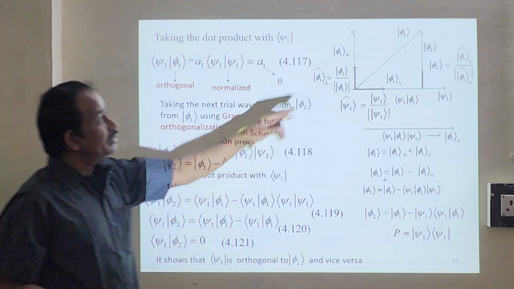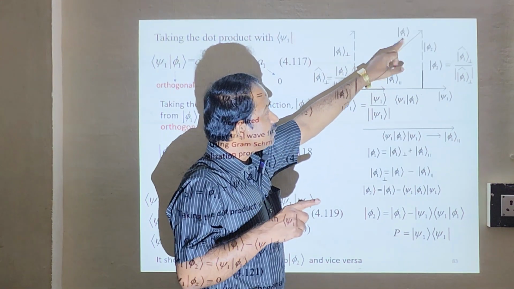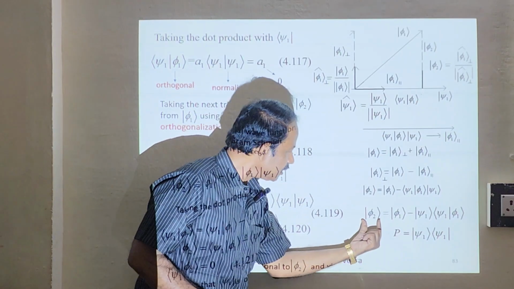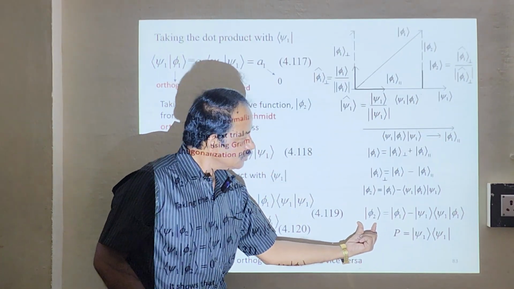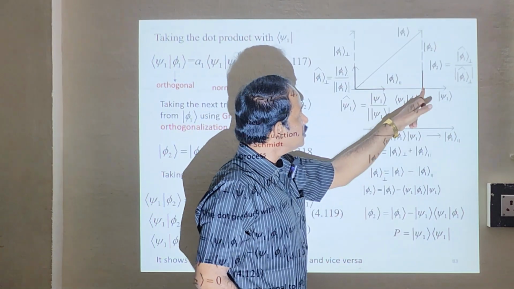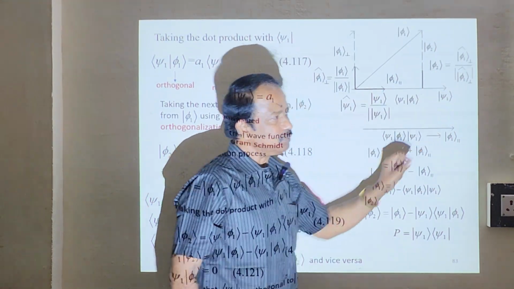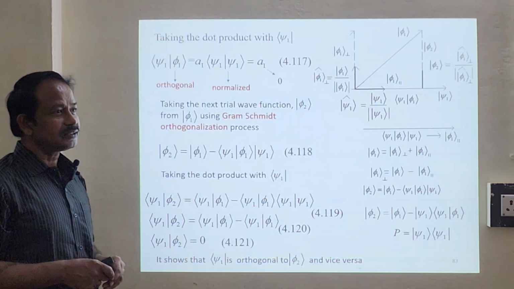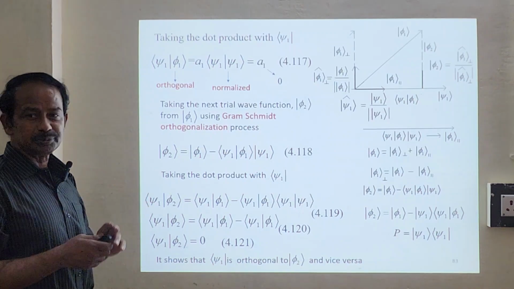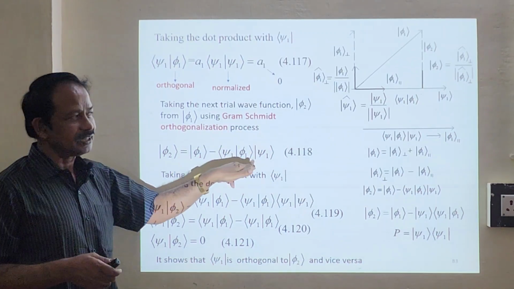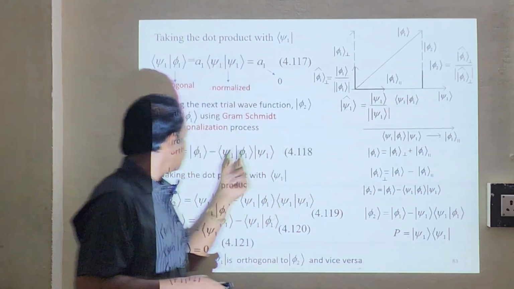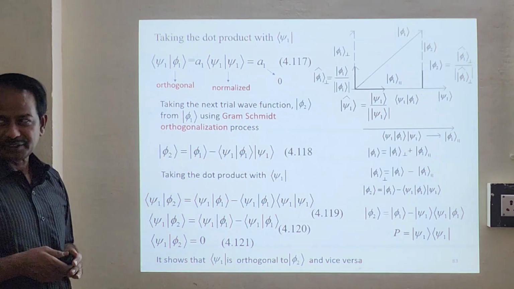That is the idea. Earlier phi 1 vector is not perpendicular to psi 1. We have obtained now phi 2, this phi 2 vector which is perpendicular to psi 1. This is orthogonal. Both are orthogonal to each other using Gram-Schmidt process. So both are perpendicular to each other.